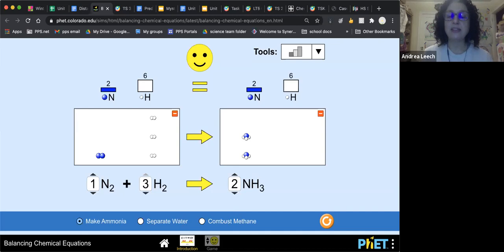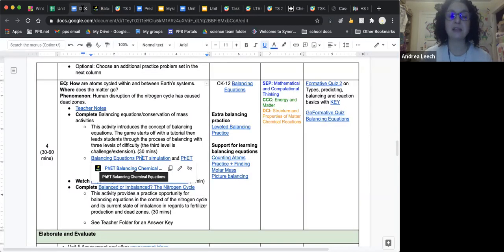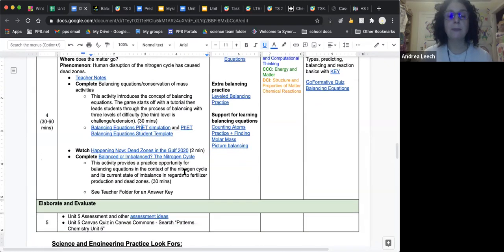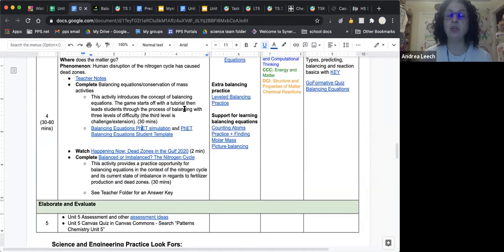This has 3 equations that you can do as practice, and then there's some more games that go at the end. So that's that PhET simulation. Then once you've done that, you'll want to give them some practice. I find that once students get balancing equations, somewhere between 25 to 60% of the students I've had can just be like, okay, now I can balance things.